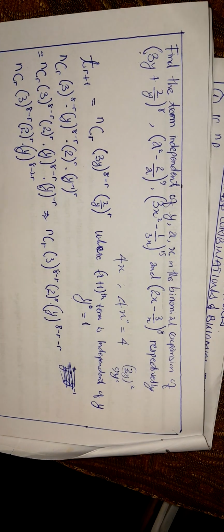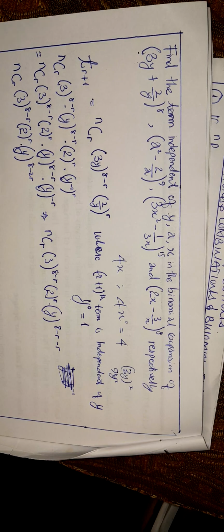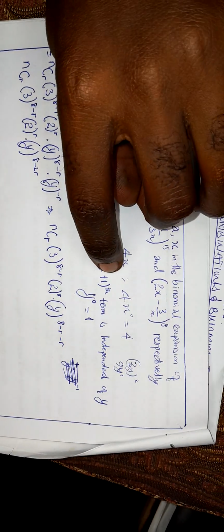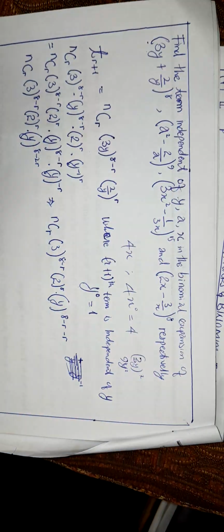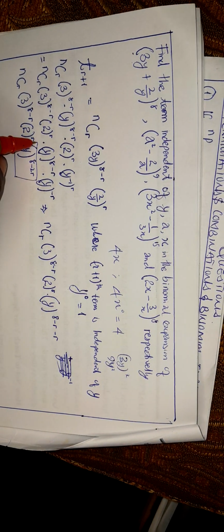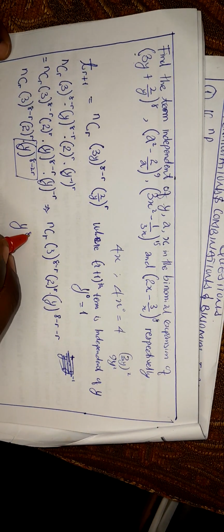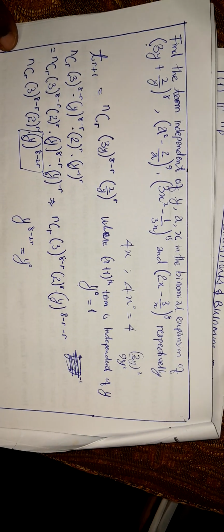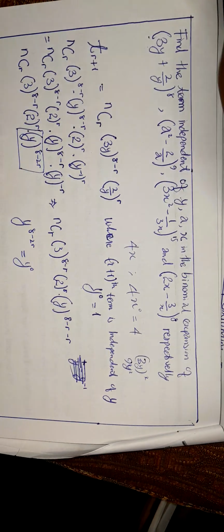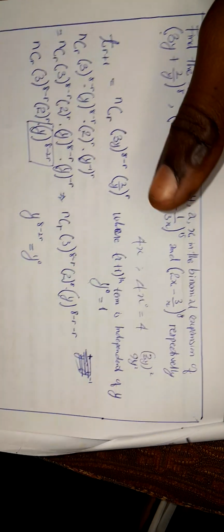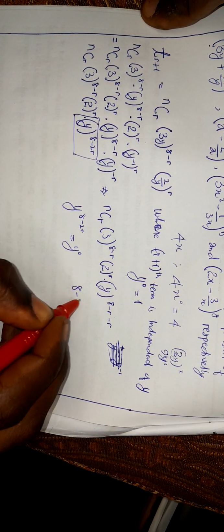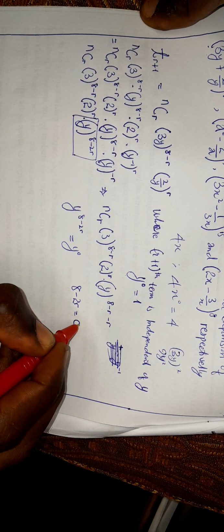Now, you can see that y has been isolated. Now, since we've defined that the r plus 1 term is independent, that means y to the power of 0. So we're going to be picking this y to the power of 8 minus 2r equal to y to the power of 0, because it is independent. We're looking for the independent value. So looking at this and then comparing, we can say 8 minus 2r equals 0.